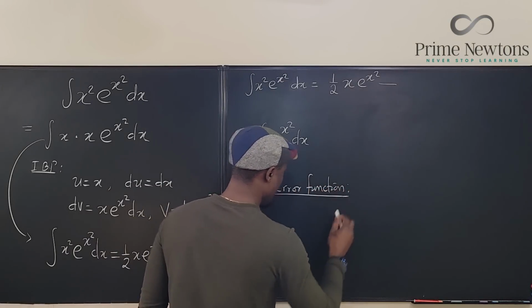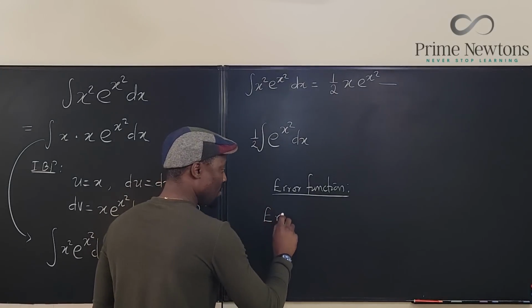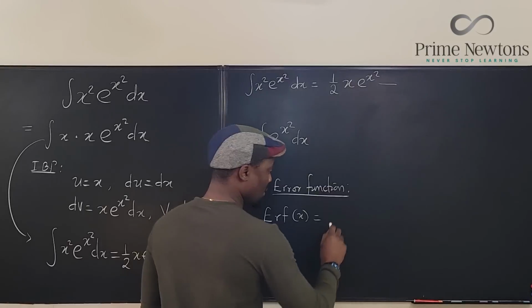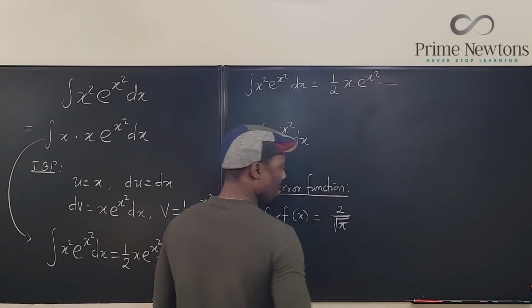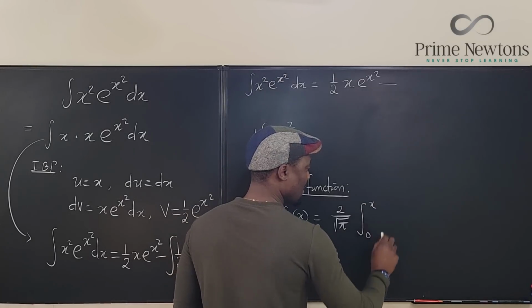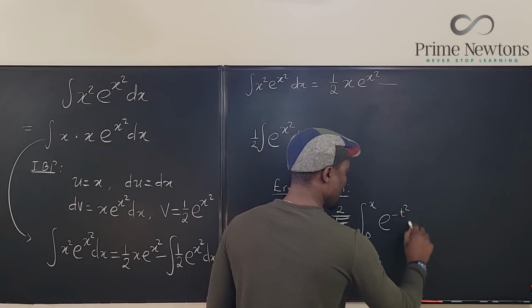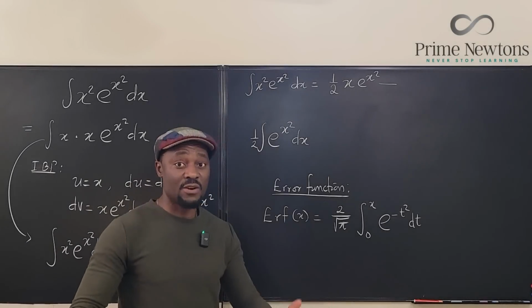This is what it clearly says: the error function of any value you're computing, the error function of x, is equal to 2 divided by the square root of pi multiplied by the integral from 0 to x of e to the negative t squared dt. This is the Gaussian error function.